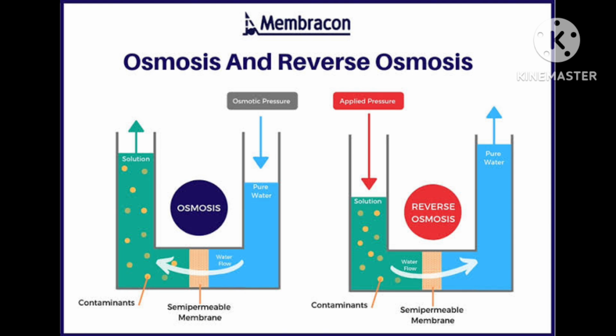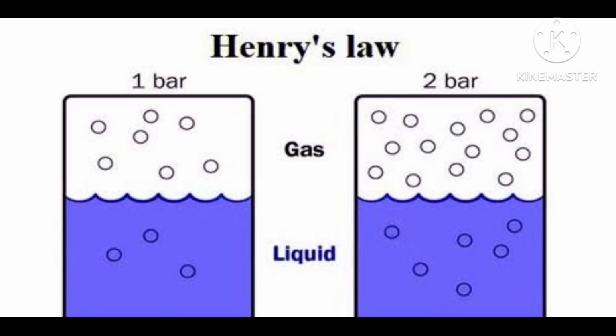At this equilibrium, when vapor goes above the surface of water, it will create pressure. It will create pressure on the surface of the liquid water. This pressure is called vapor pressure.